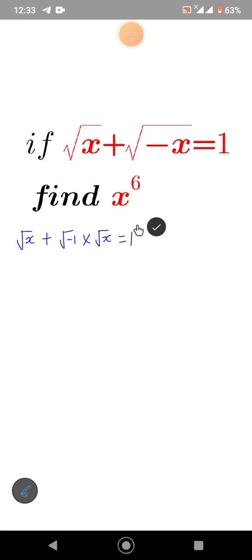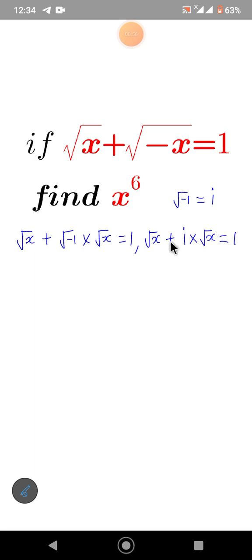And we know that the square root of minus 1 is the same thing as i. Now, I can write this as square root of x plus i multiplied by square root of x, all equal to 1.